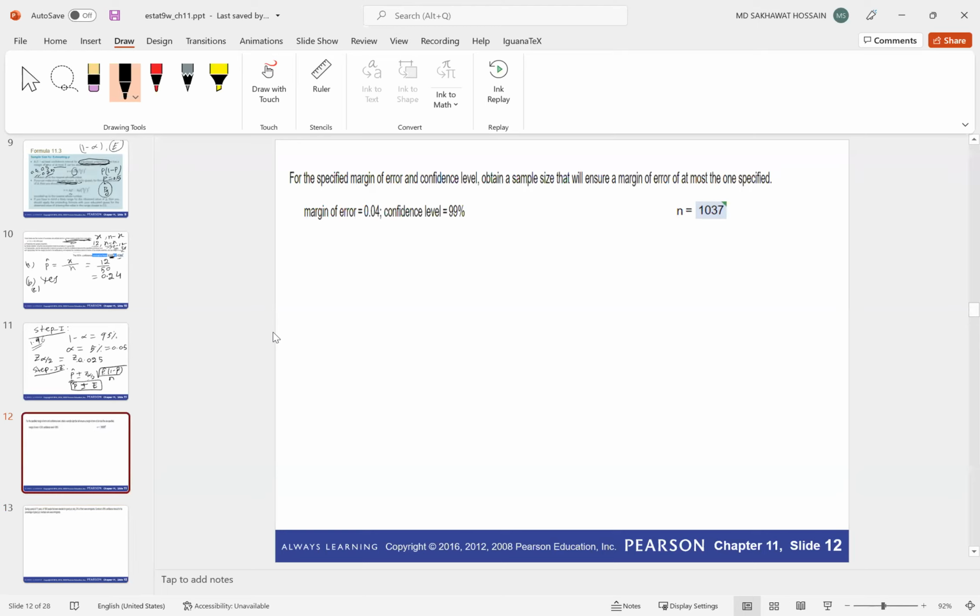So for the specified margin of error and confidence level, obtain a sample size that will ensure a margin of error of at most the one specified. So here we want to have margin of error E equal to 0.04.